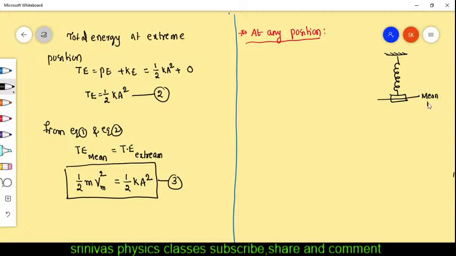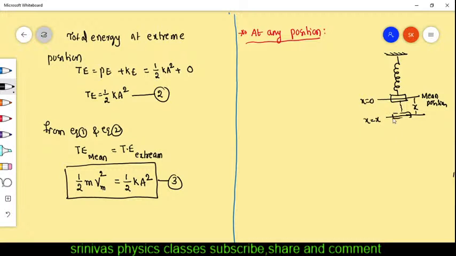This is the mean position. At the mean position, the displacement is 0, and now it is pulled down and takes some displacement x here.